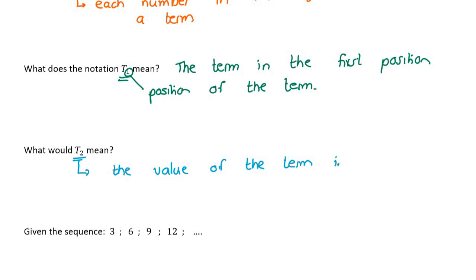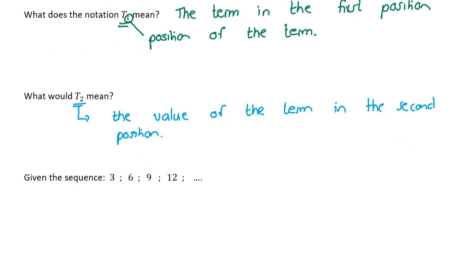So that subscript just tells you the position that you're looking at, what term you're looking at. So if we just look at this example that I've done here, 3; 6; 9; 12, which is the one I gave you, this would be T1.